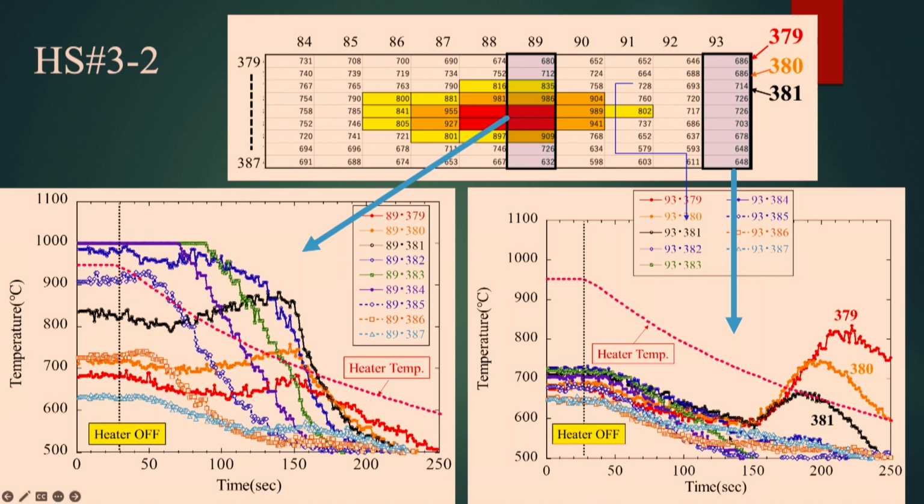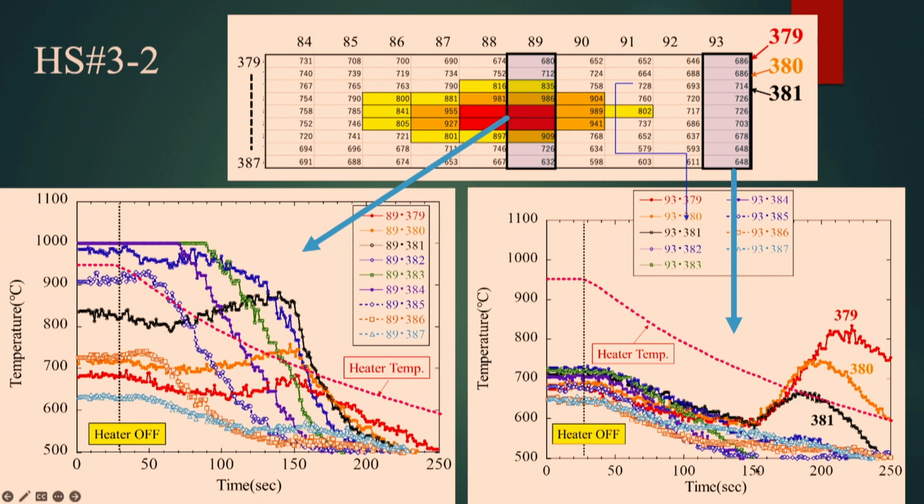And apart from the hotspot region, we also see very strange data here. This graph shows the temperature against distance along the vertical axis. In the steady state energy generation, a little bit large temperature gradient exists. But just after heat off, the temperature gradually decreases.